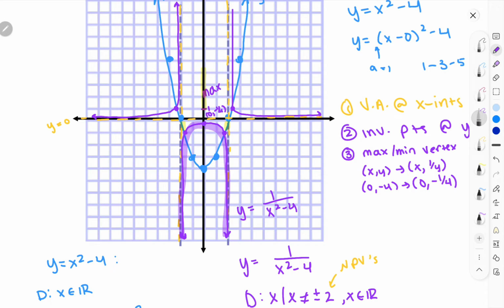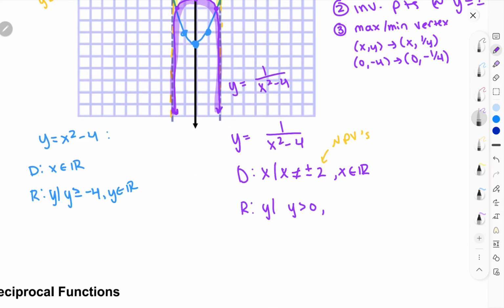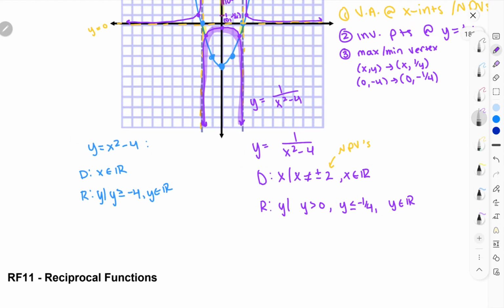It has a maximum value of -1/4. So that's going to show up in my range by saying y is less than or equal to, because it does hit that point. It's not an asymptote, it's just a new maximum value of -1/4, and it's all real numbers. So that's kind of a funky way to have to describe it because I have those 2 different segments.